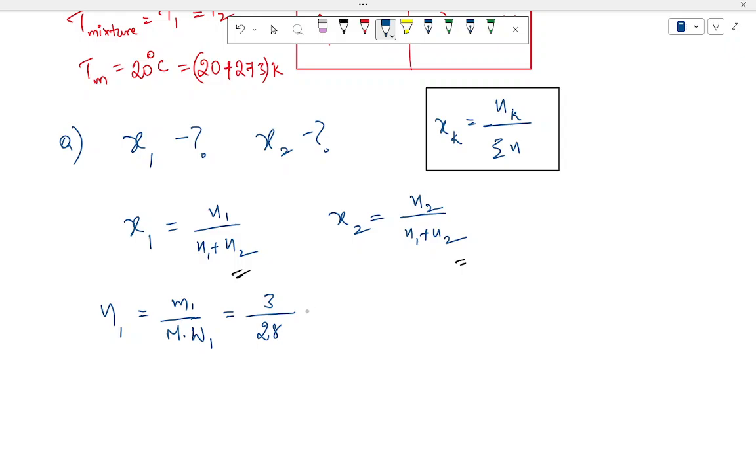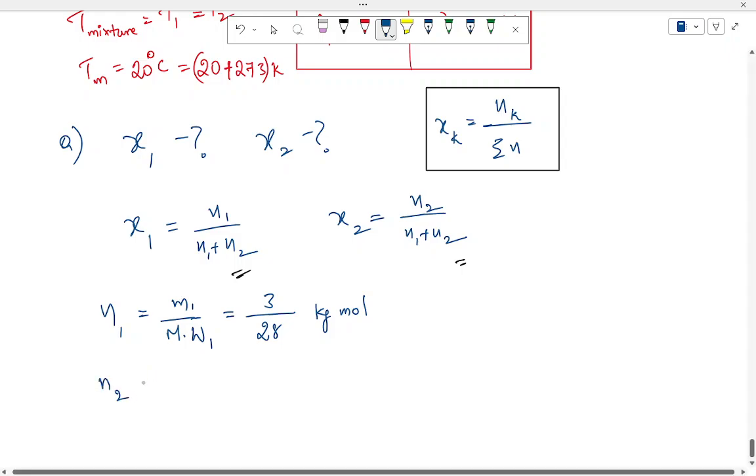So this value will be measured in kg mole, because the kg in the numerator and the denominator will get cancelled. For n2, the same formula, m2 by the molecular weight of 2.